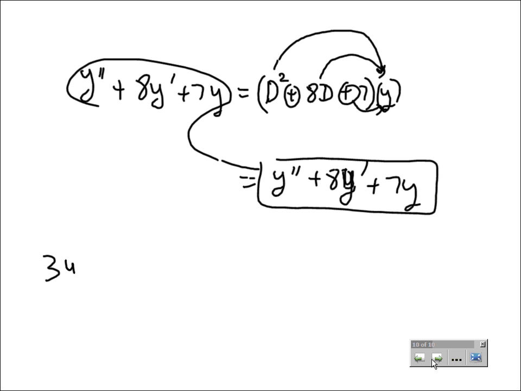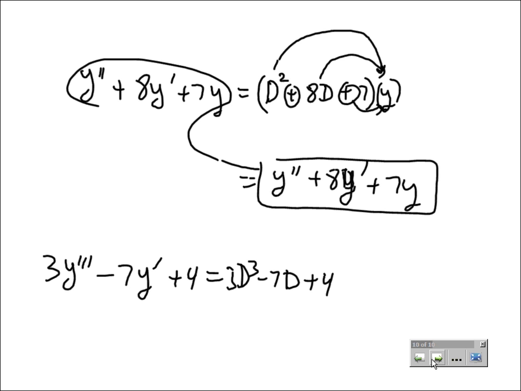If you have 3y triple prime minus 7y prime plus 4y, this is 3D cubed minus 7D plus 4. Basically, wherever you see y, you put D. And if there's dashes up there, you put the number of dashes.